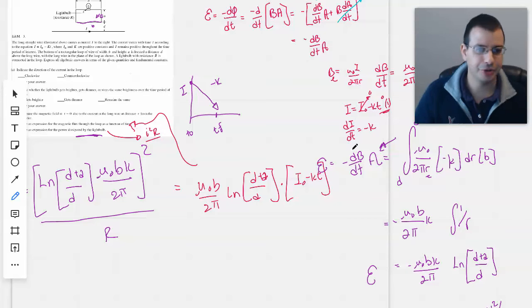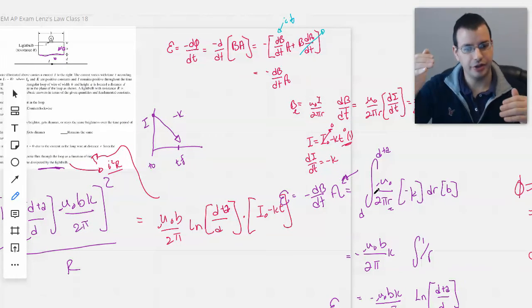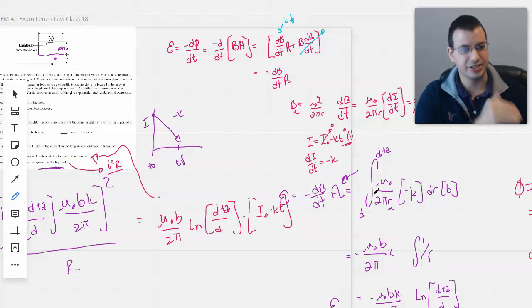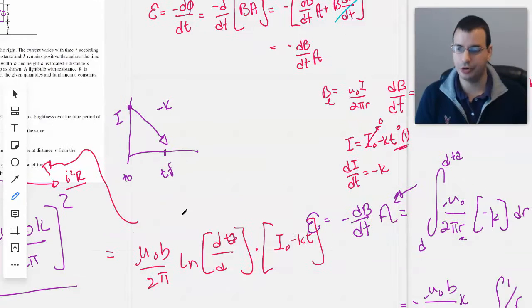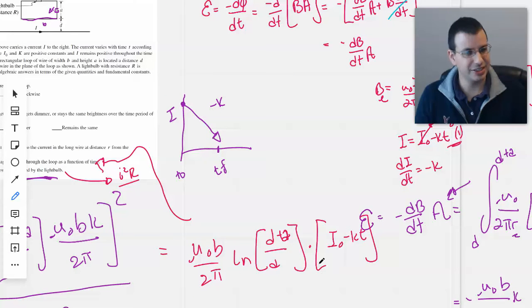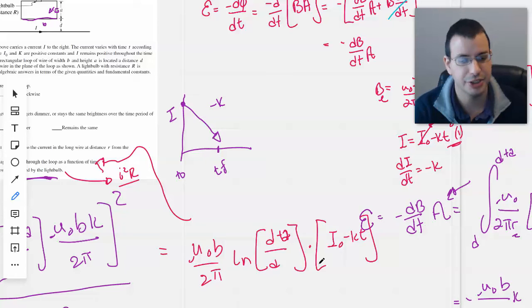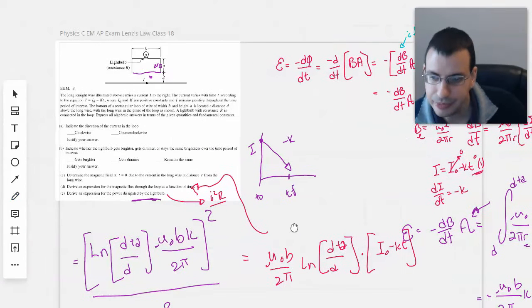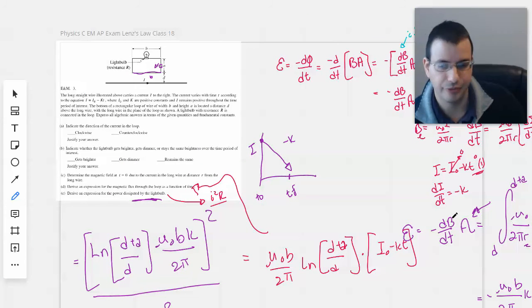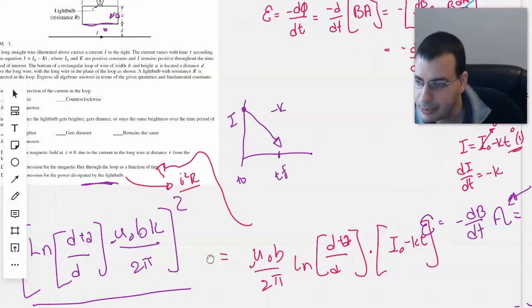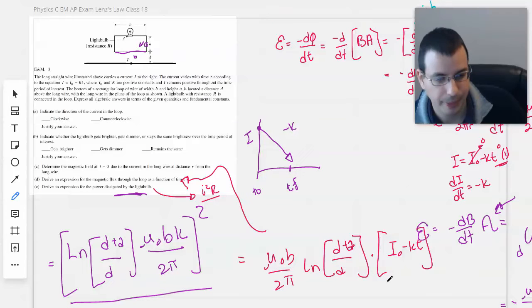I know, we could have done the things in a slightly different order, but since we did them in the order that we did, we already basically solved it, but not explicitly solved for this portion right here. And that's how we'd go back and solve for the magnetic flux through the loop as a function of time.